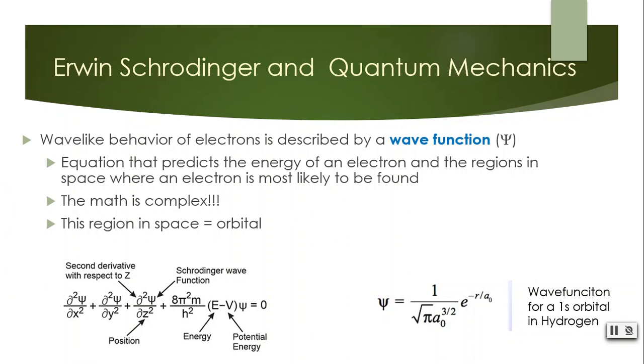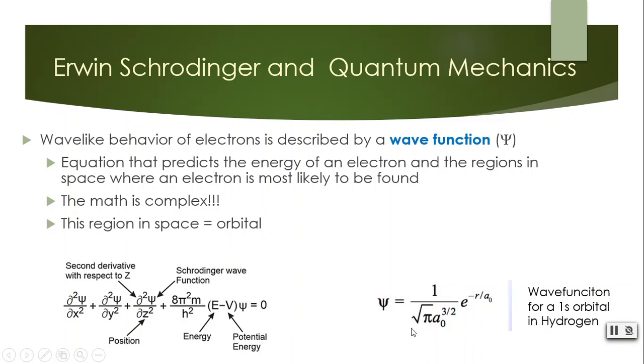These regions of space where the electron is most likely to be found, those regions are called orbitals. So if you remember back in the Bohr model of the atom, electrons were in specific paths called orbits, regions that went around the nucleus. In the quantum mechanical model of the atom, we have moved from orbits to orbitals, regions of space where an electron is most likely to be found.